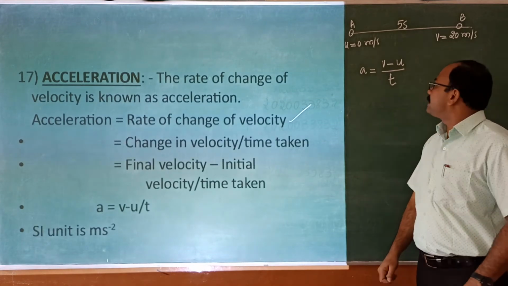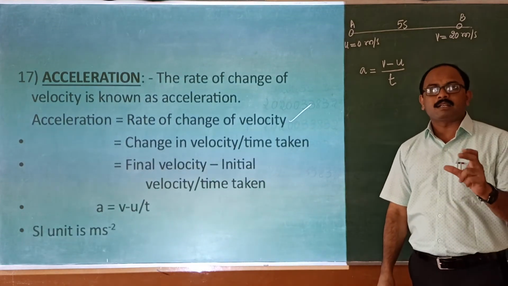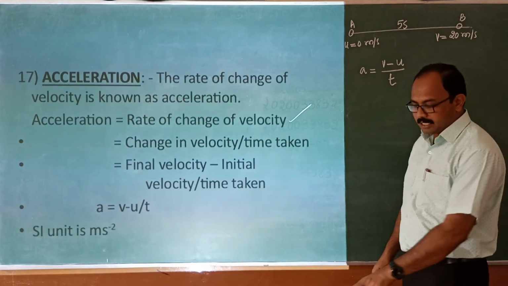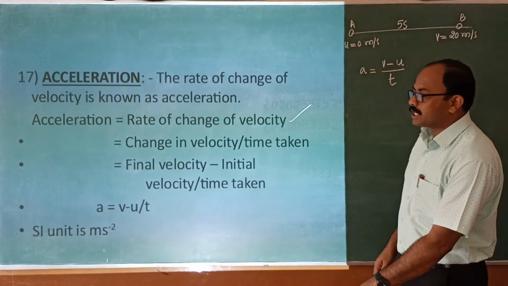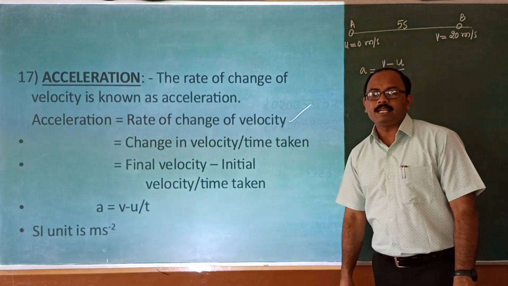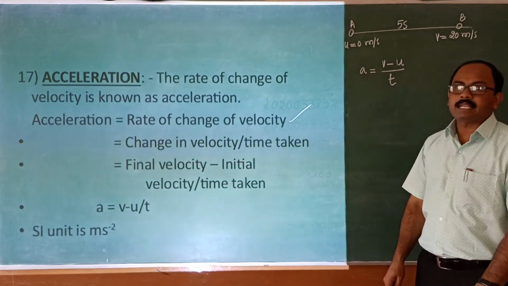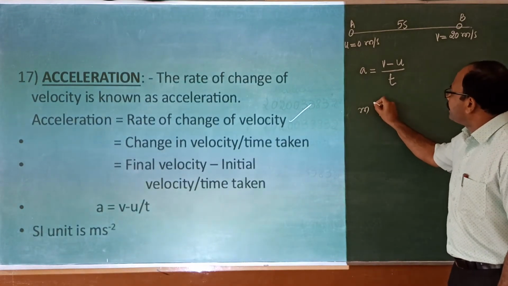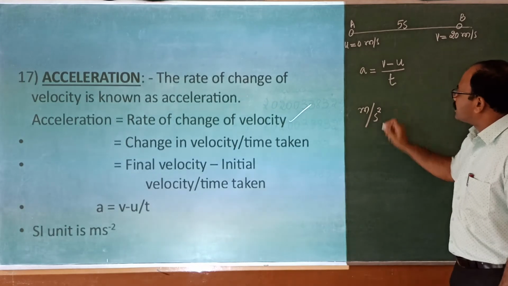This is the mathematical representation of the acceleration formula, children. a is equal to v minus u by t. SI unit is meter per second square.